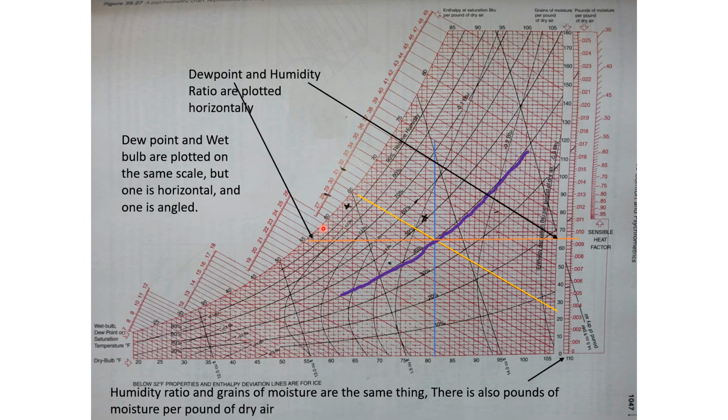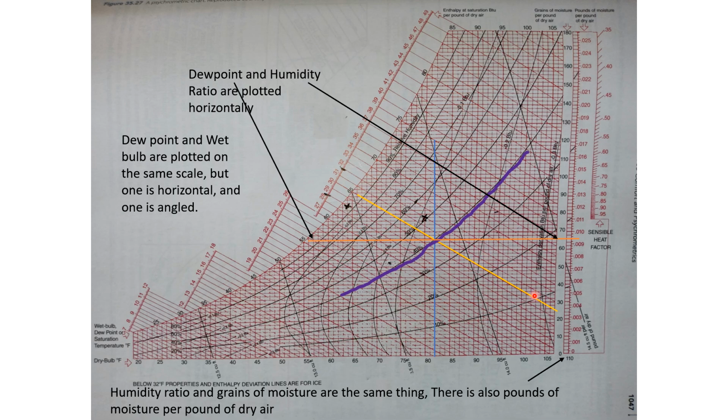And then we've got dew point and humidity ratio, or what they also call grains of moisture per pound of dry air, same thing. You go from where those lines meet, and you plot horizontally over here to the grains of moisture per pound of dry air, or horizontally over here and read our dew point. So dew point and wet bulb are read off of this same scale, but they're plotted differently.